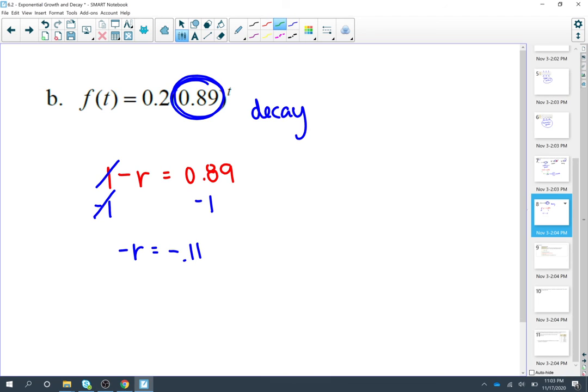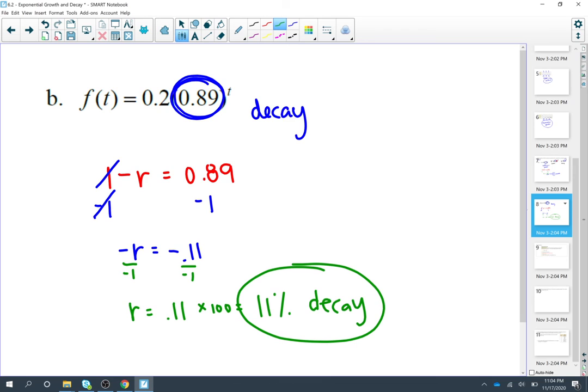Then here I have 2 negatives, so we're going to divide both sides by negative 1, which gives us r equals 0.11. And there is your decay rate. Keep in mind they wanted a percent, so we're going to multiply by 100 or move the decimal twice, which gets us 11% decay. Okay, so if this were a story problem, this would be going down by 11% each year.